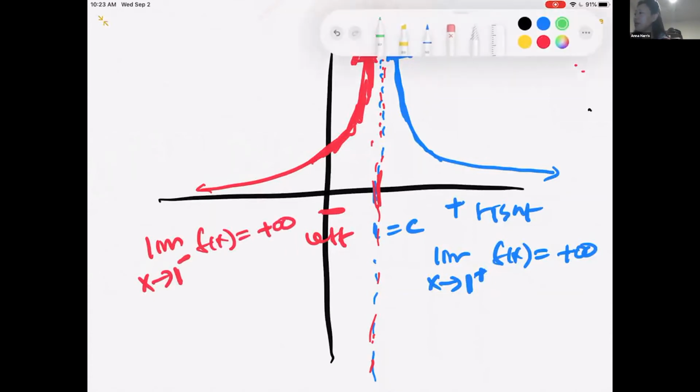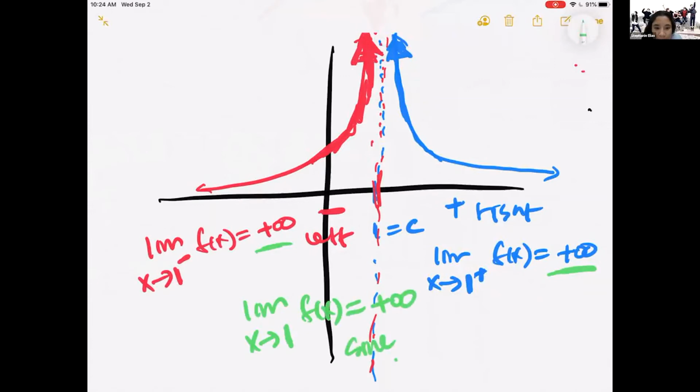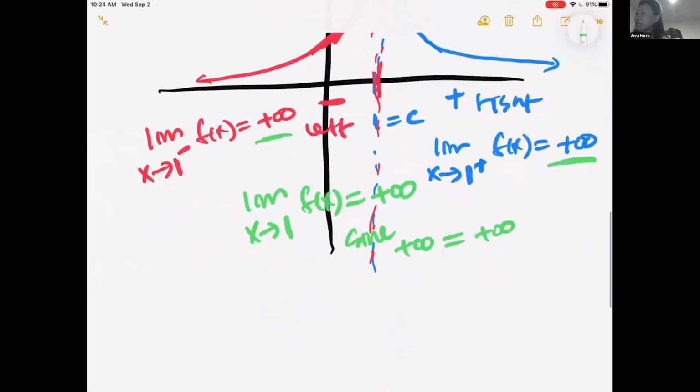Because this is the same and that's the same, what can I say about the limit? The limit as x approaches 1 of f(x) is equal to what? Positive infinity. That's right. Why? Since positive infinity is the same as positive infinity. All right, do you understand? Let's look at another one. I want to make sure that you know how to do it. I'm not going to do it. I want you to look at this one and tell me.